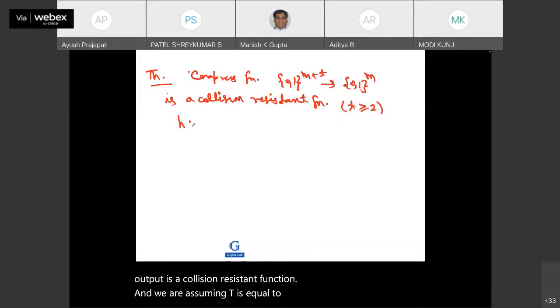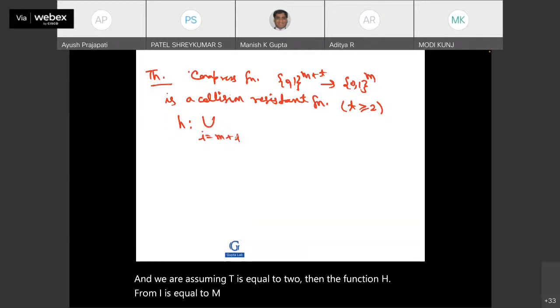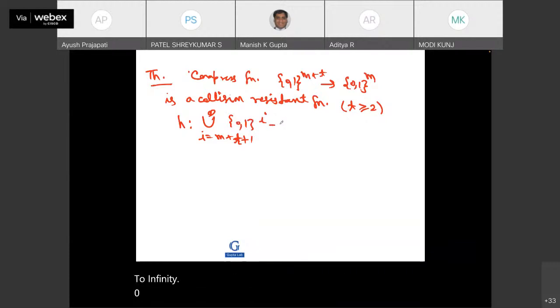Then the function h from i equal to m plus t plus 1 to infinity, {0,1}^i going to {0,1}^m, as constructed in algorithm 5.6, is a collision resistant function.